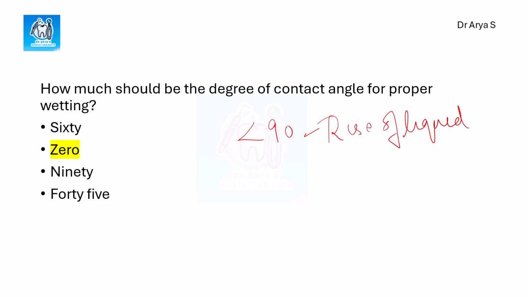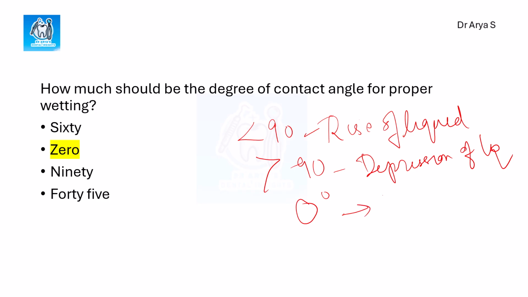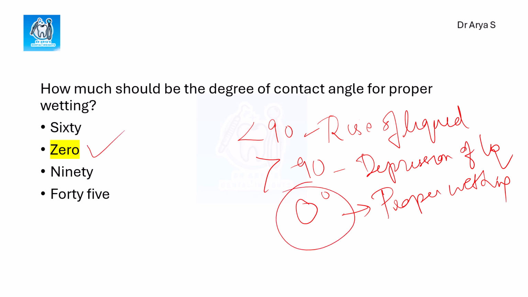If it is more than 90, then there is depression of liquid. If it is 0 degree, then there is good wetting or proper wetting. And if there is a large contact angle, then there is no wetting. So the degree of contact angle for proper wetting is 0 degree.